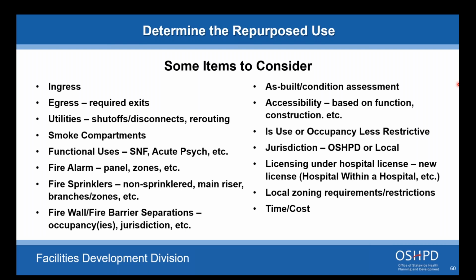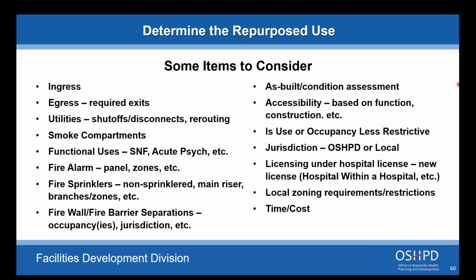If you're removing the building and considering it freestanding and moving it to a local jurisdiction, you're going to be looking at firewalls. If you're keeping it under OSHPD jurisdiction, we're working with fire barriers, which are a lot easier and a lot less expensive to install. So just things to consider.